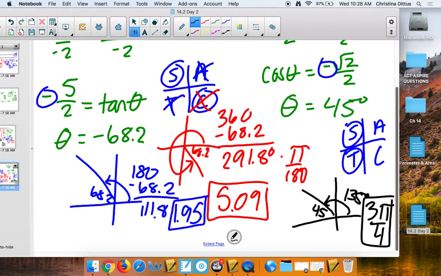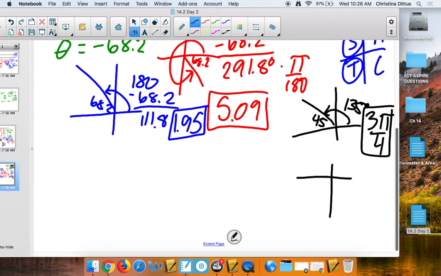And then in quadrant 3, I got 45 here. I want this whole angle. Or I can just take my 1 pi and add a fourth to it and get 5 pi over 4.